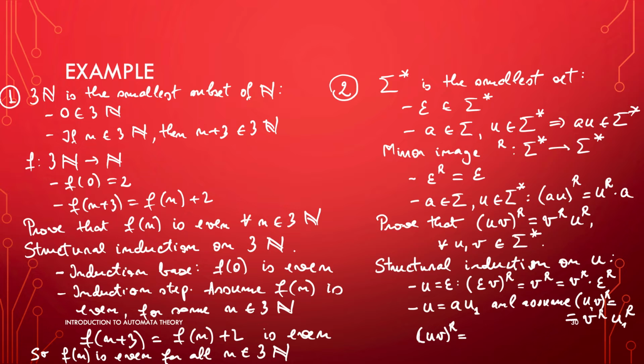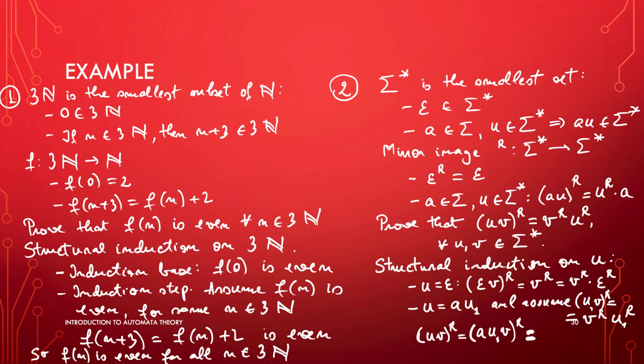And so U in this case is A U1 V, and we take the mirror image. It's one letter A concatenated with this word U1V.